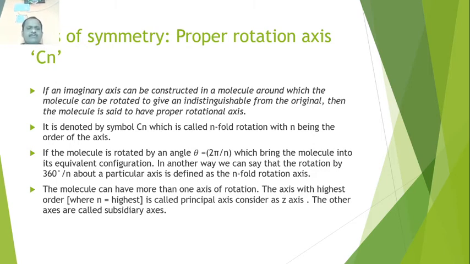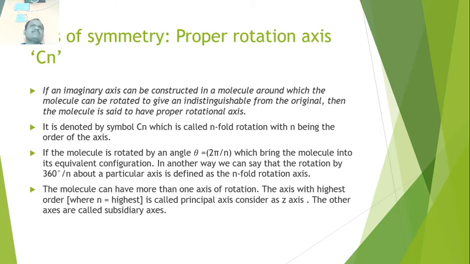As I said in the definition of symmetry element, a line is used to perform a symmetry operation. If any molecule where a line called an axis is used to perform an operation, that is called an axis of symmetry. So the axis is very important.